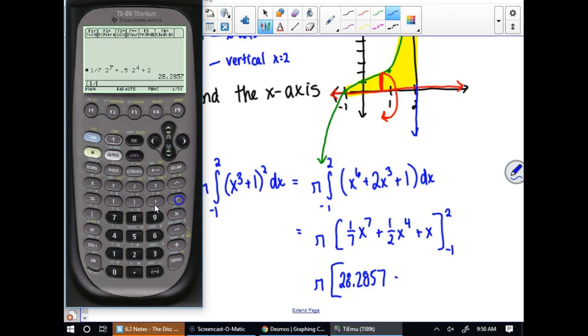And then 1/7 times -1 to the 7th plus 0.5 times -1 to the 4th minus 1. That's going to give us -0.642857. I should have done that with a pi probably. But this plus this. Oh wait, I should put minus.